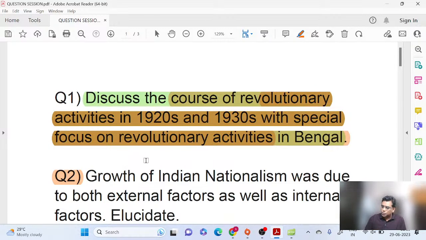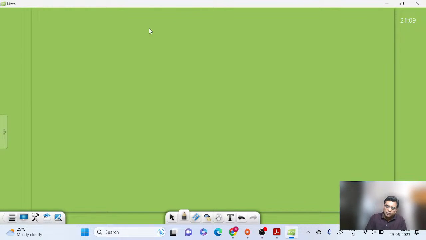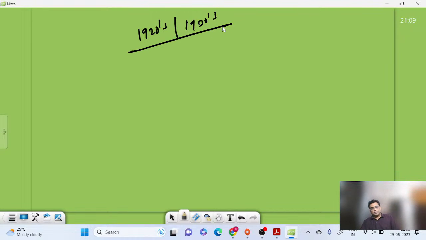So look at this question. The question is 1920s and 1930s. So the course of the revolutionary movement in 1920s and 1930s. So obviously this question is 250 words.